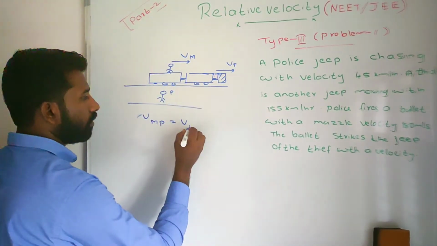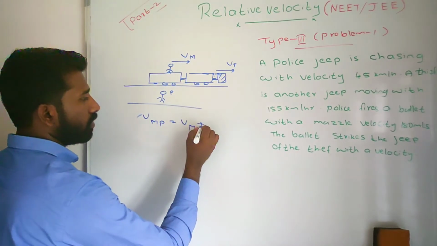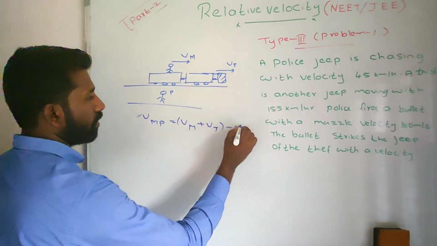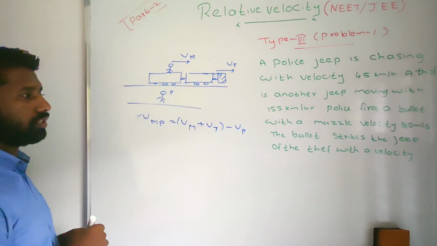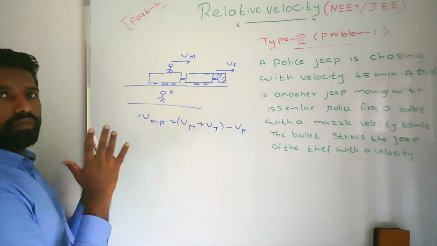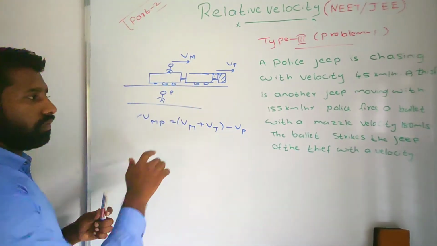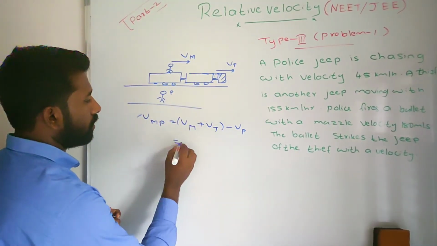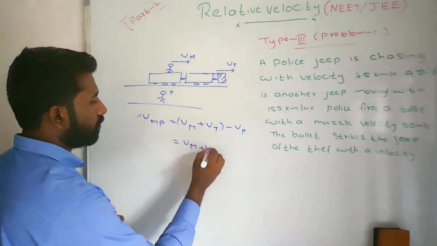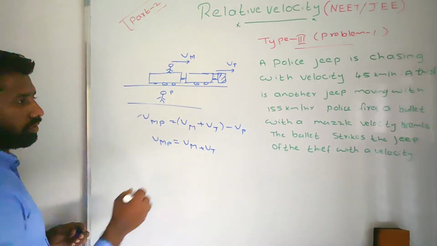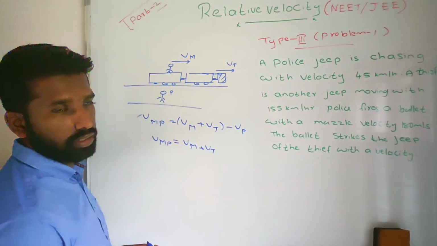So the monkey velocity becomes velocity of the monkey plus velocity of the train minus velocity of the person. So this person will feel that the monkey is moving with this much speed, that is Vm plus Vt. This is the velocity of the monkey with respect to the person, because the person's velocity here is 0.